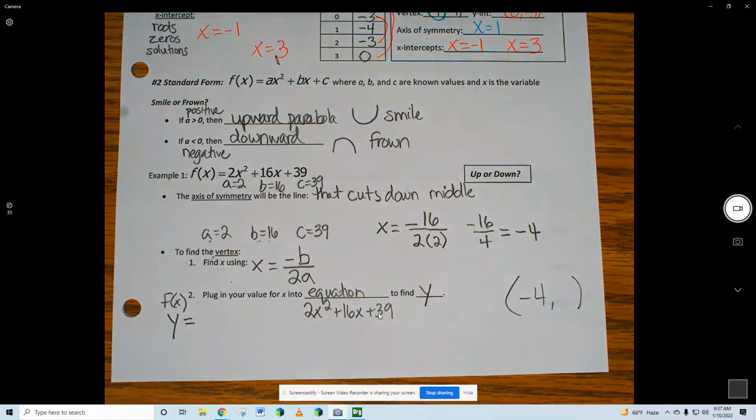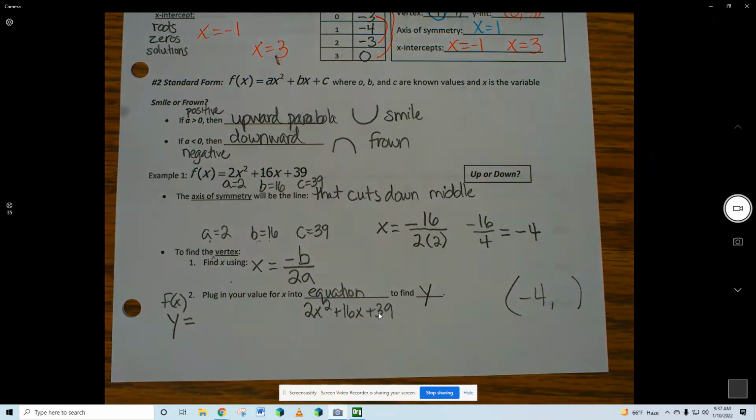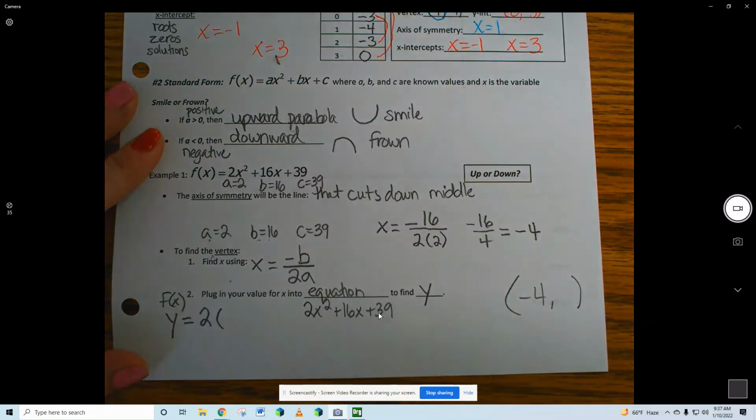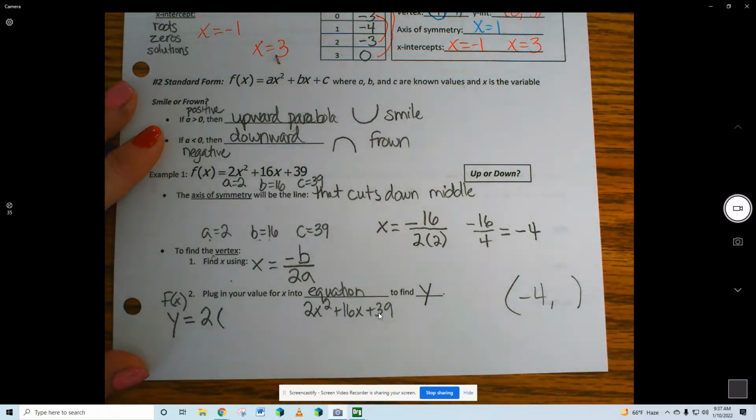I know that x is negative 4, so instead of x, you put in what you just found, the negative 4.